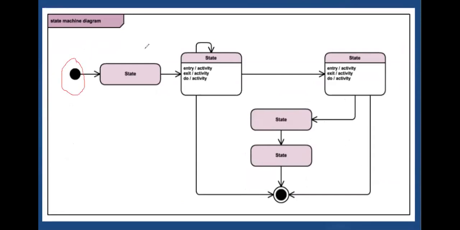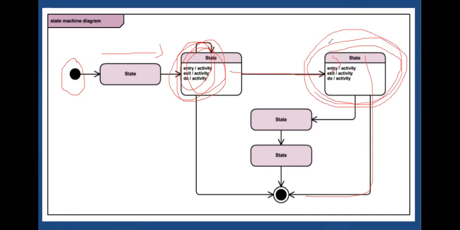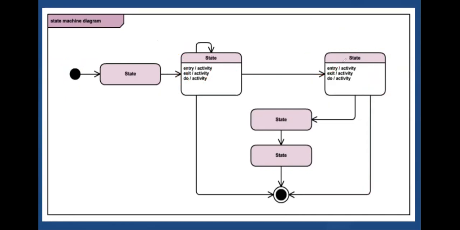It can go into an internal state, and then the state itself will have an entry, exit, and do. And it can be followed by other states as well. Okay, this is just drawn as an example, so it's not showing anything. But technically, when we show the states themselves, some detail should be given about the entry, exit, and do conditions.